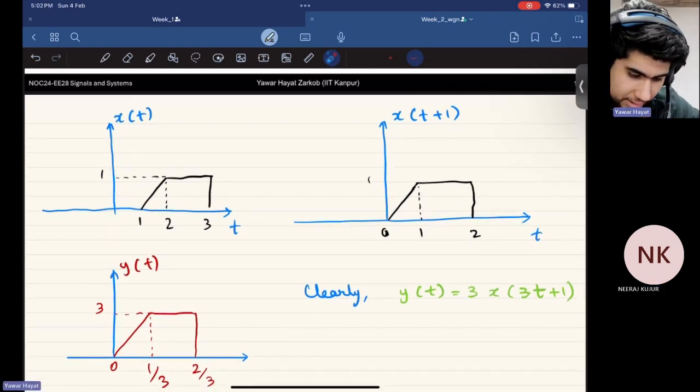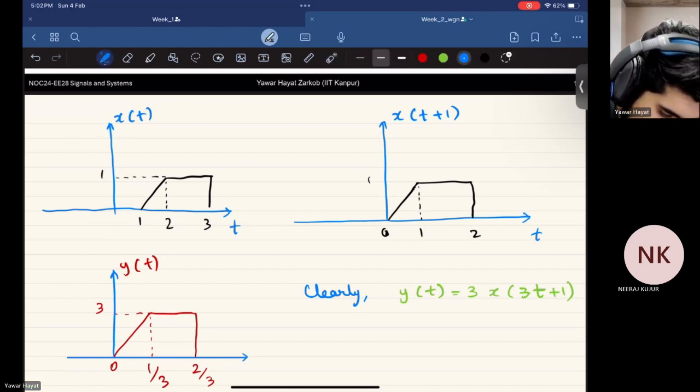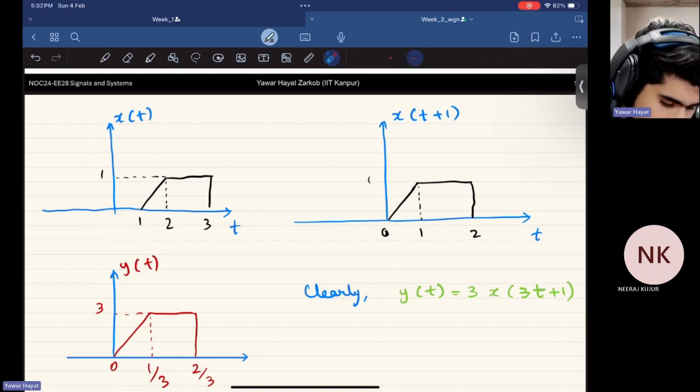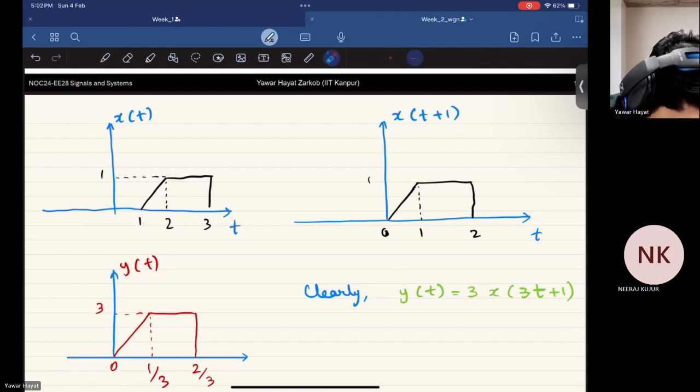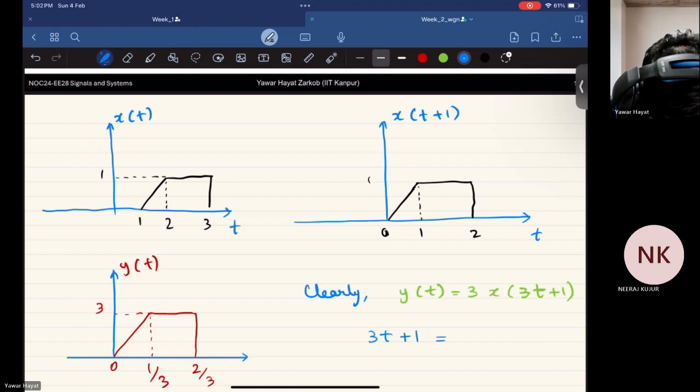That's agreed. But see, what we did was 3t plus 1. Let's perform a sanity check first. A sanity check would be that this 3t plus 1 would be 0 at... help me out.